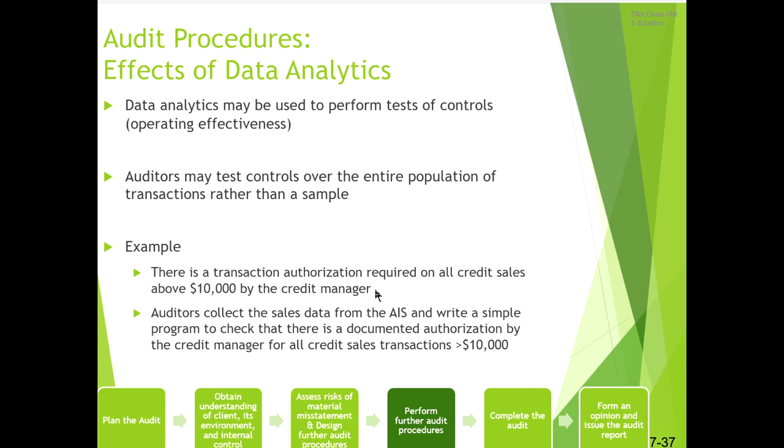So if we have a control where there's transaction authorization required for all these sales above a certain amount, then you basically would look at a table of credit sales or invoices, and you can check to make sure, just think about simple conditional formatting or conditional statements. We're looking for all transactions over $10,000, and then you're going to look for a column, for example, that has initials of who authorized the credit sale.